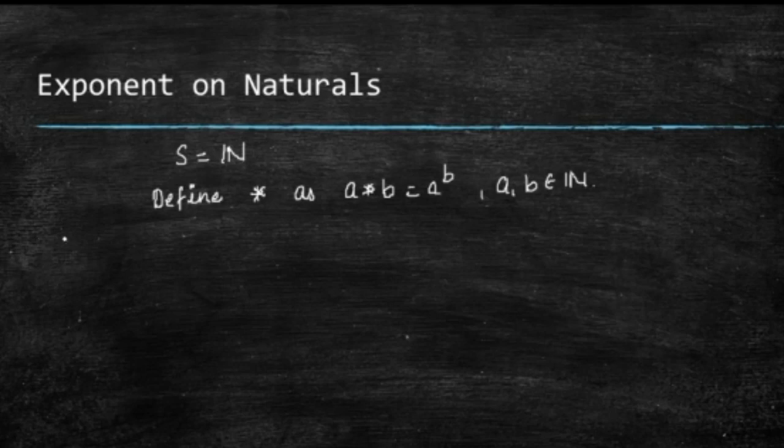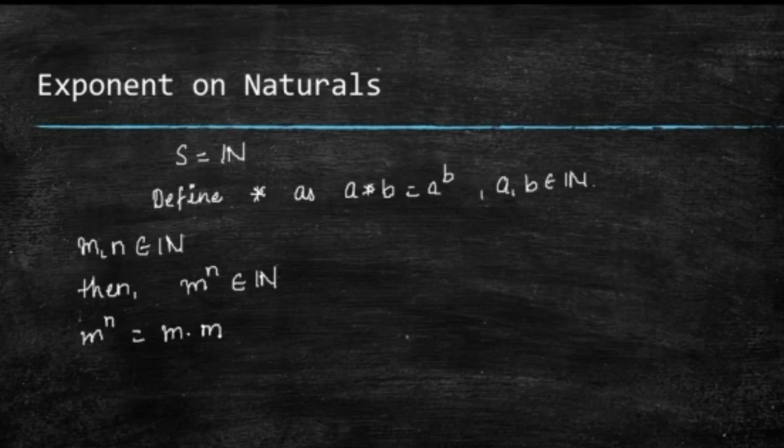So it is quite easy to understand that if m and n are from the set of natural numbers, then the exponent m raised to the power n will belong to the naturals, because what is m raised to the power n, basically? We know that m raised to the power n is m multiplied by itself n times, right?